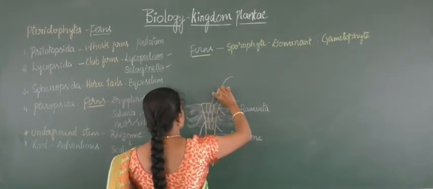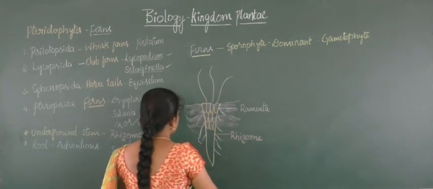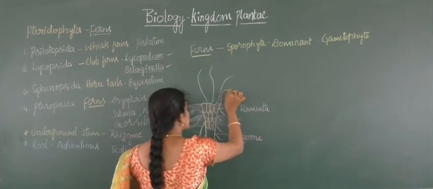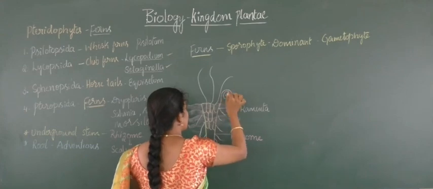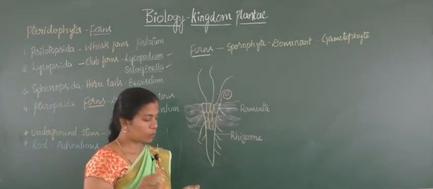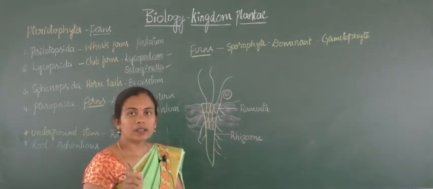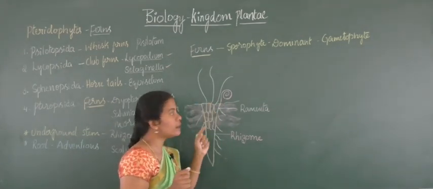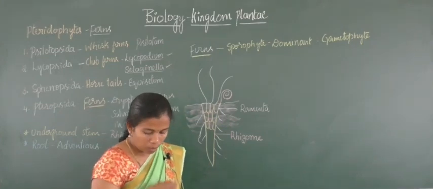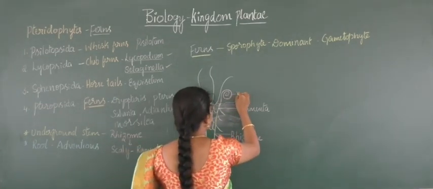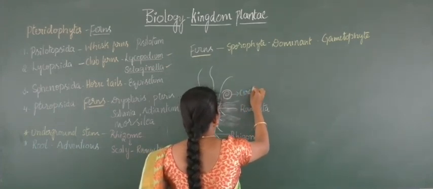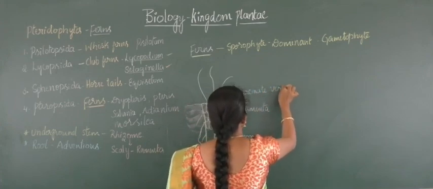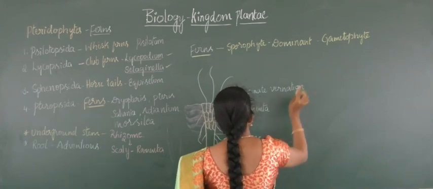Right, and there will always be one stem structure which is prehensile, like this, a very small and young stem structure which is always present at one end, at any corner, and that is called prehensile circinate vernation. Is it understood?